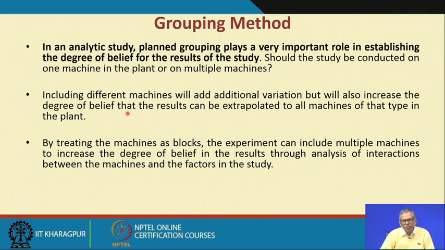Obviously you need to consider in your experimentation not only one brand but several brands of CNC machines. So by treating the machines as blocks, the experiment can include multiple machines to increase the degree of belief in the results through analysis of interactions between the machines and the factors in the study.